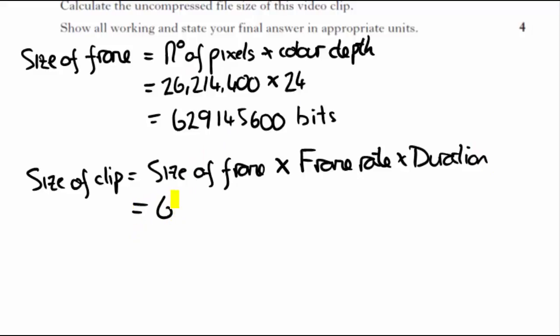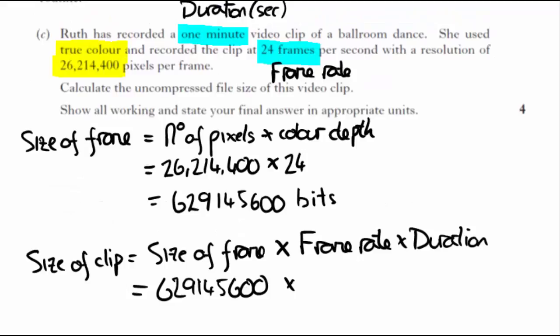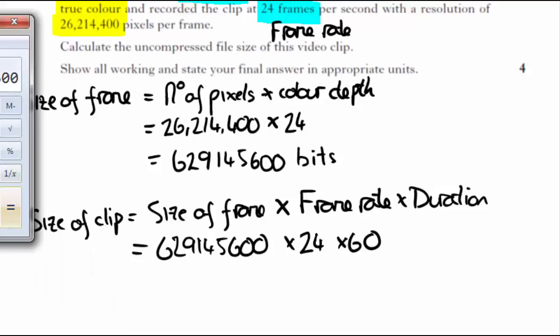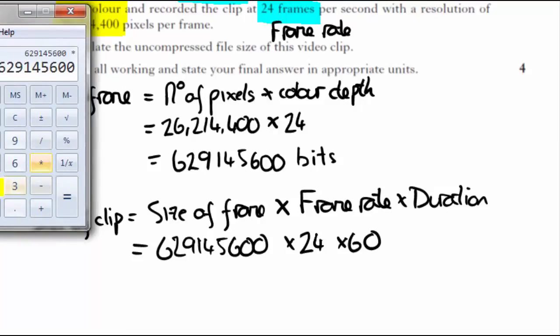So that's 629145600. Then the frame rate is, just double check there, yep, 24, and it's 60 seconds. 24 times 60, so obviously the size of the movie is going to be bigger than just the size of the one frame. So we times that by 24, we then times that by 60.